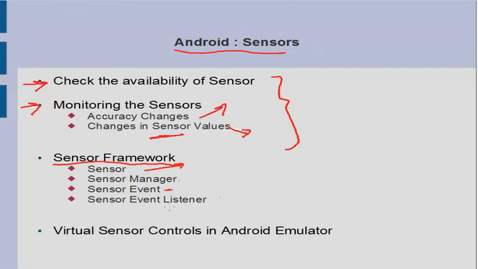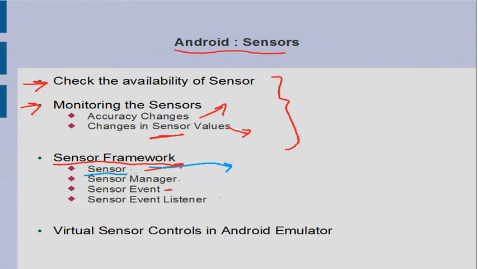What these different classes are doing, we can describe a bit here. For example, our first class, the sensor class, can be used to find out the particular capabilities, or what kind of features we have, and provide those features so that we can use them further.